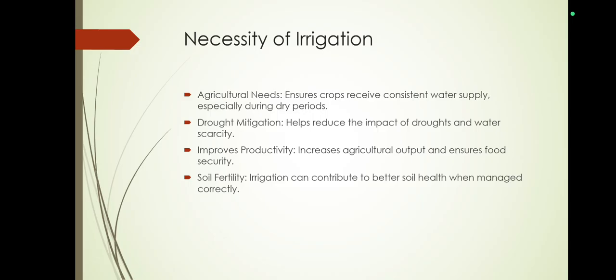Now, what is the necessity of irrigation? Basically, I will discuss the necessity of irrigation in India. India is a tropical country with a vast diversity of climate, topography, and vegetation. Rainfall in India varies considerably in its place of occurrence as well as in its amount.